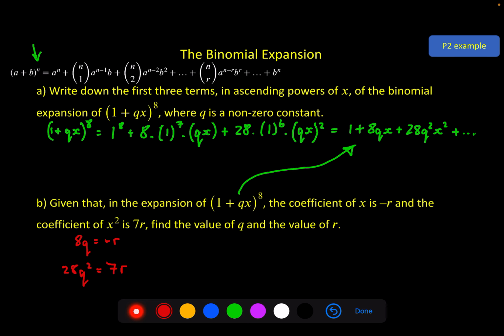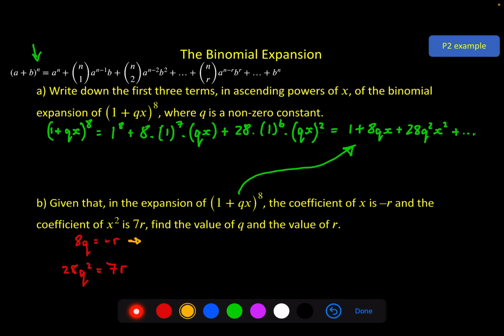So I've done most of the hard work here. We did the expansion in part A, and we formed our simultaneous equations from the information given in part B. All I need to do now is to go ahead and solve these. So here, if I know that 8q is equal to minus r, there are different ways we can do this.